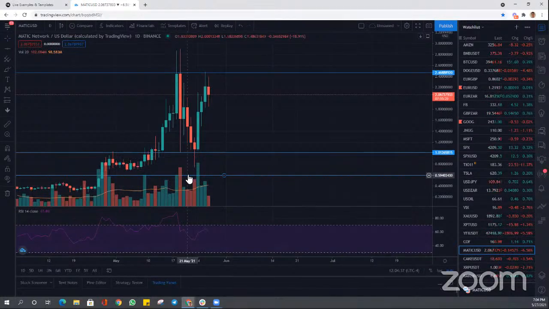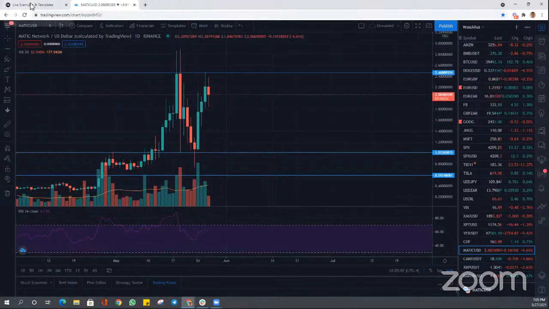Matic came down to a really nice support and resistance level around this area. Remember, it is subjective, but we could have set up a notification for this. The value here is 1.012, and probably when Matic gets up to about this resistance level, approximately 2.5, you may want to be notified.